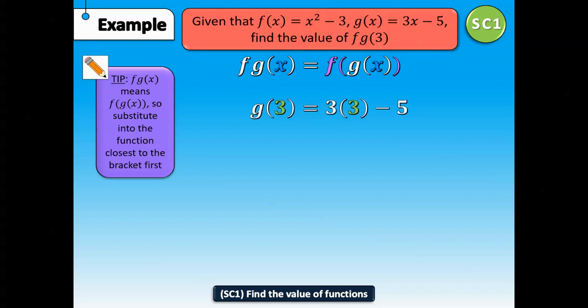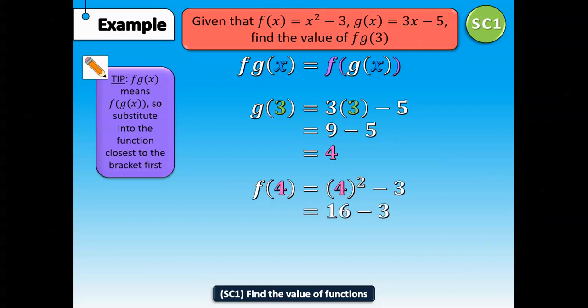So if we substitute 3 into g of x first, we do 3 times 3, which is 9, and then take away 5, that's 4. Now we substitute that into f of x. So 4 squared is 16, and 16 take away 3 is 13. So our answer is 13.